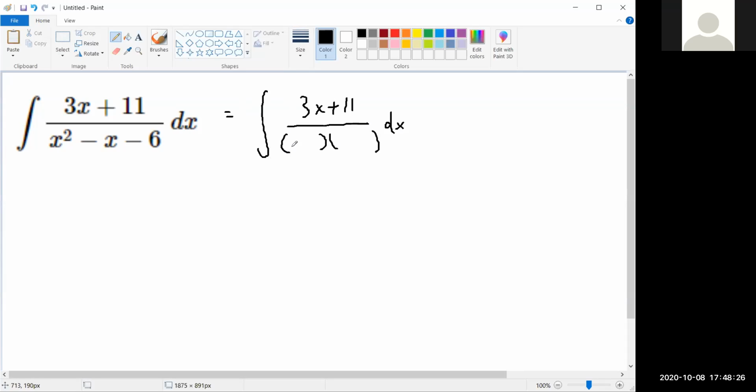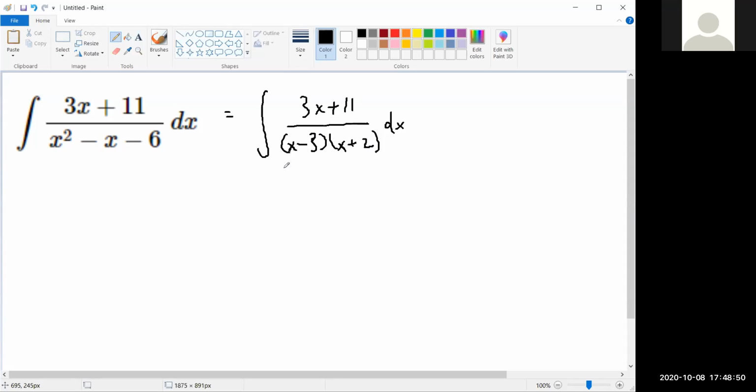The only way to get x squared is x times x. And then minus 6. How do I do this again? X minus 3, x plus 2. Is that right? I'm going to take your word for it.